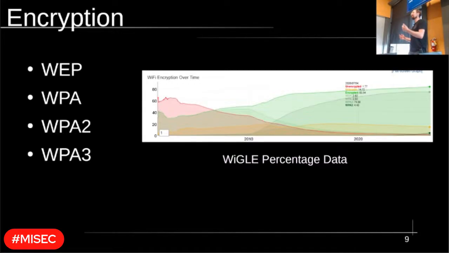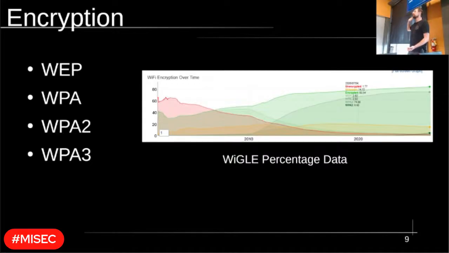So not even a year later, WPA2 came out, which uses a four-part handshake to make its initial connection, and it is significantly stronger. It was the standard for a very, very long time before WPA3 came out. And as you might notice, it is still the most commonly used.